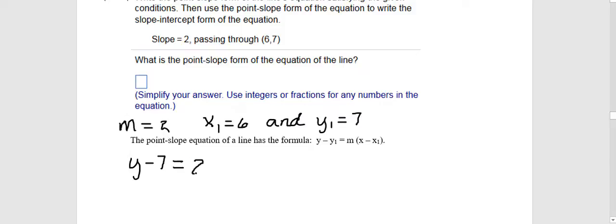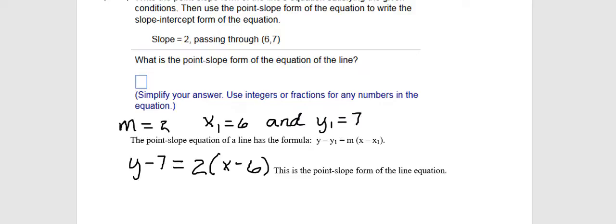And notice that for this situation, that gives y minus 7 equals 2 times the difference, x minus 6. So this would be the point slope form of the line equation.